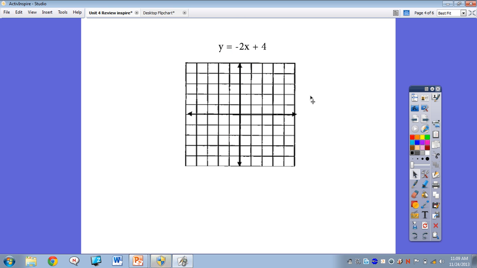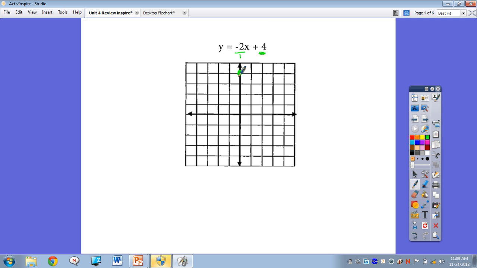So here's my equation. y equals negative 2x plus 4. Remember from before, this is my y-intercept, so I'm going to plot 1, 2, 3, (0, 4) as my y-intercept, and here's my slope, the number in front of the x, negative 2 over 1, rise over run.